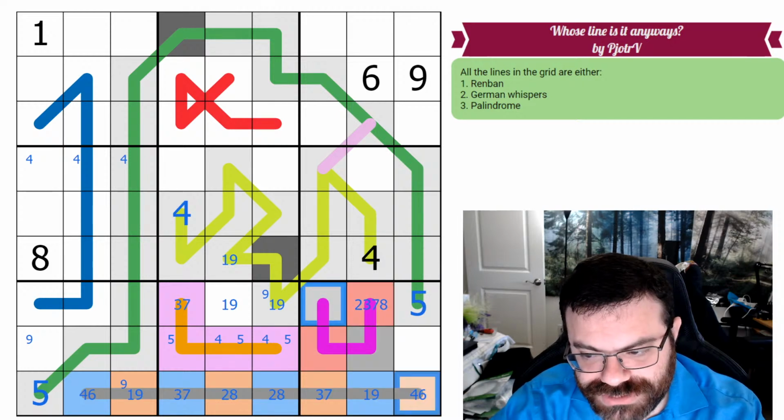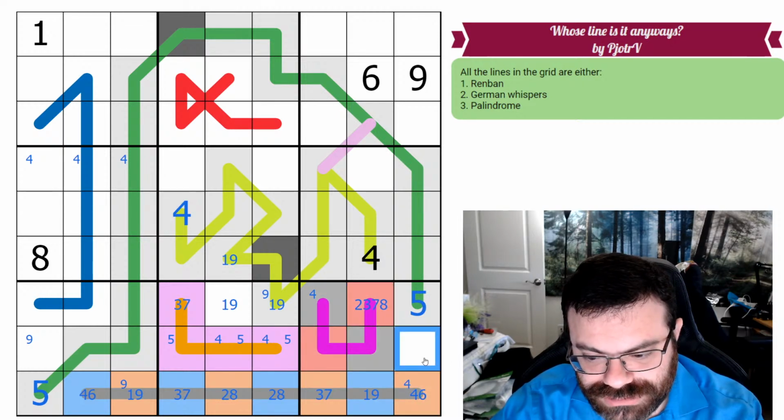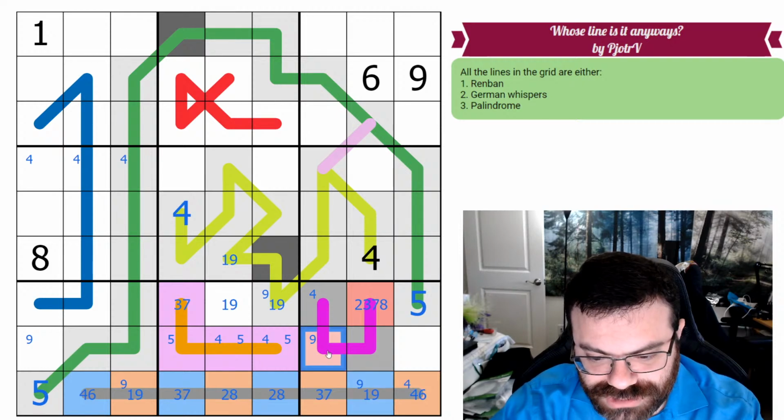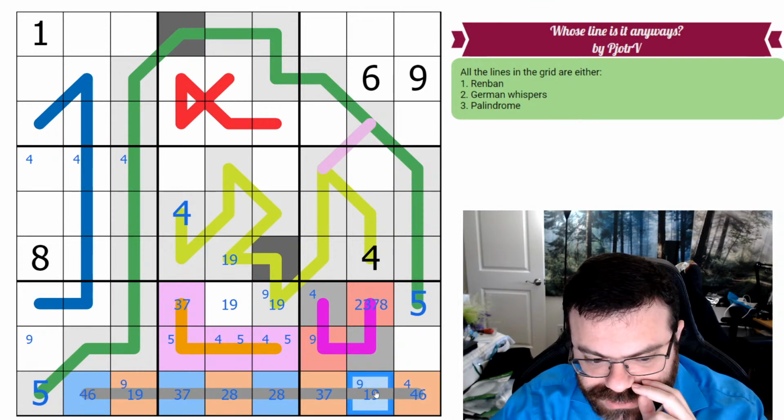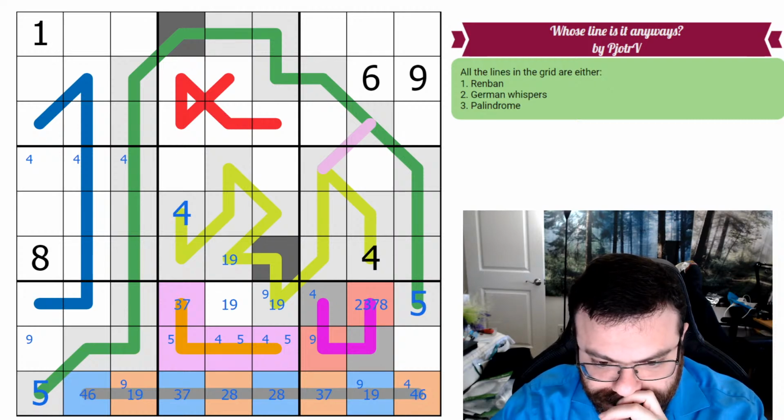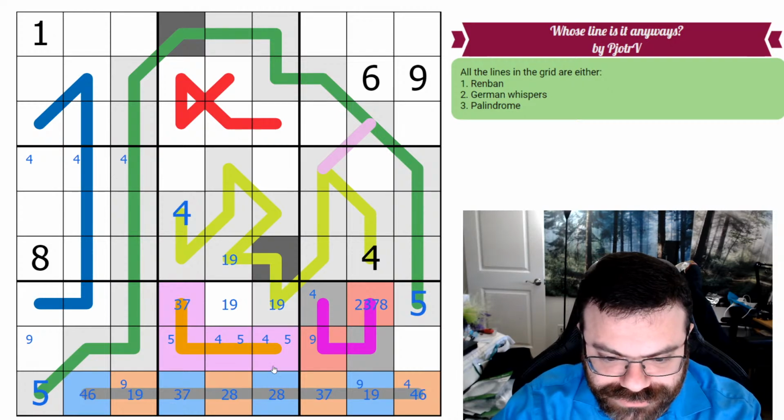Okay, 4 is restricted to one of these two, which means 9 is going to be on one of these two, because these are both whisper lines. So if the 4 is here, this is 9. If the 4 is here, this is 9. I don't know what this corner marked 9 is doing there. I'm going to get rid of it.